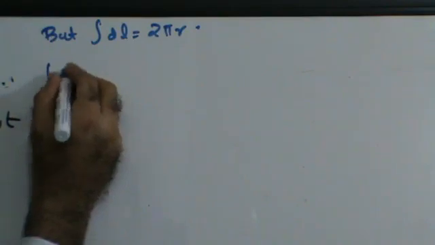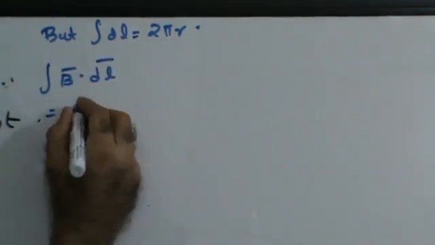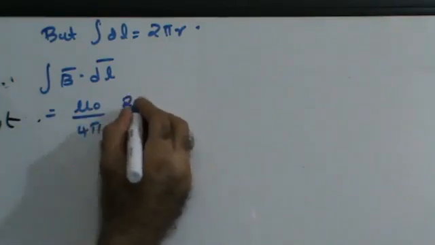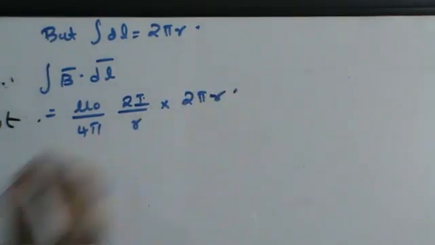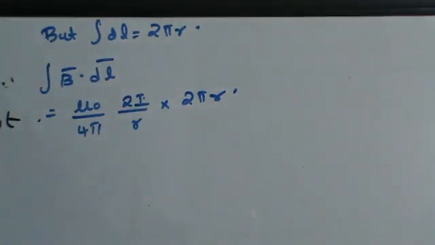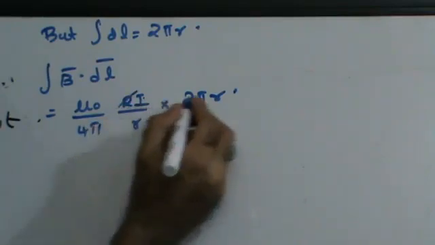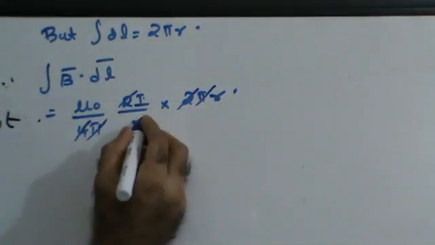Substituting 2 pi r, 2 and 2 are 4, pi and pi cancel, r and r cancel.